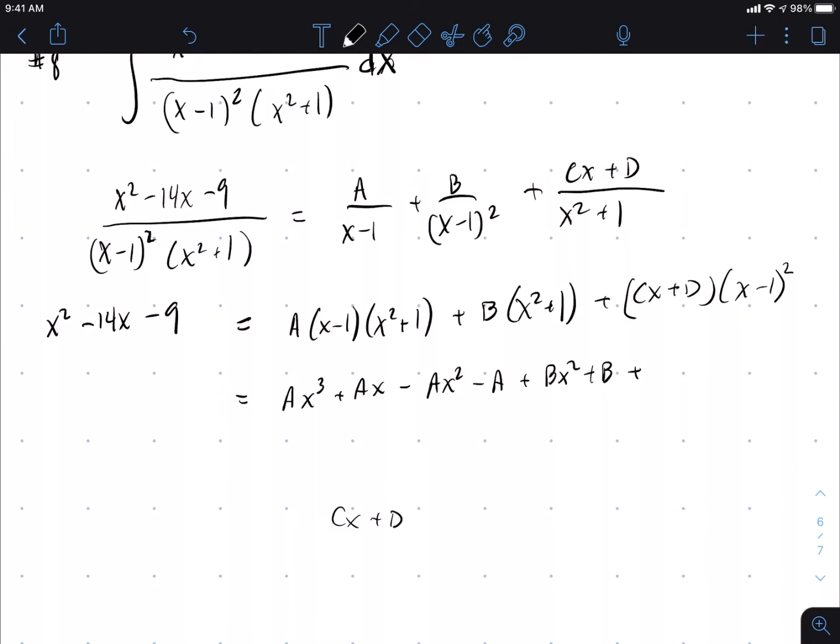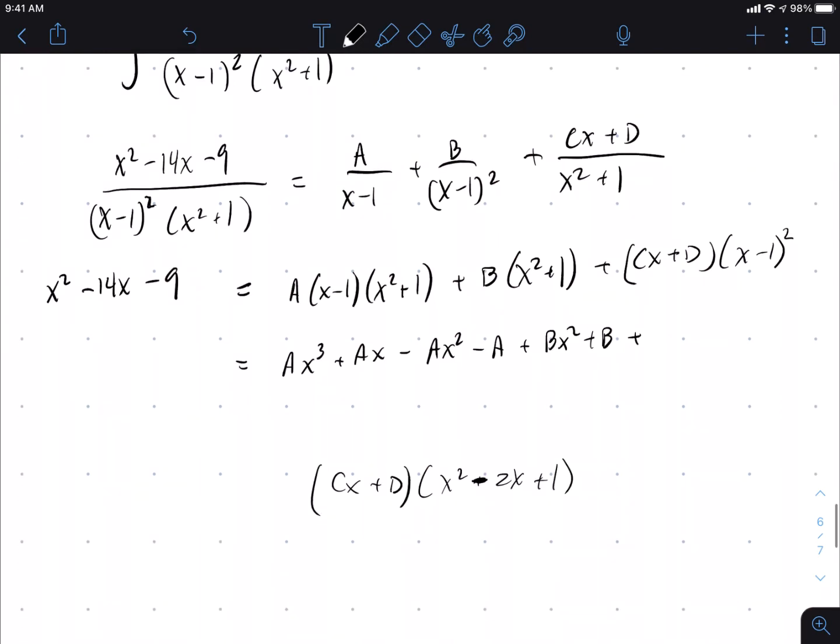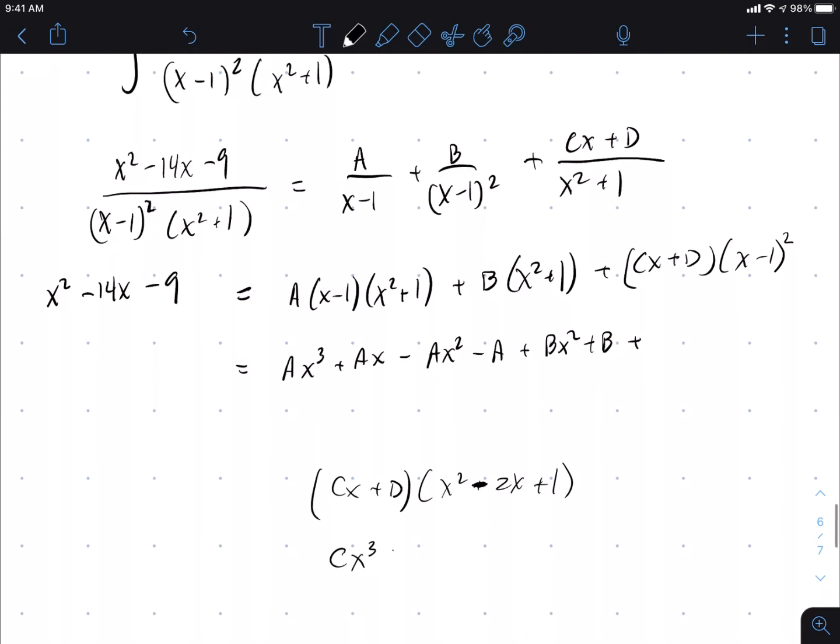Cx plus d times x squared minus 2x plus 1. I'm just trying to do this expansion for you guys correctly. So that's going to be cx cubed minus 2cx squared plus cx plus dx squared minus 2dx plus d.